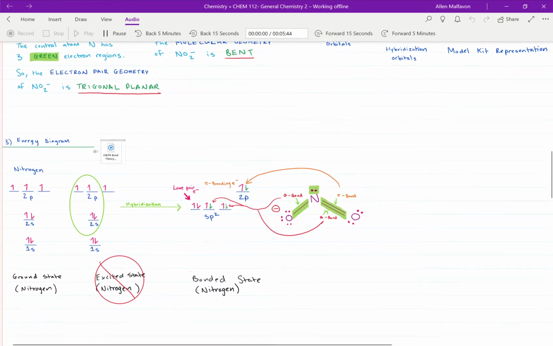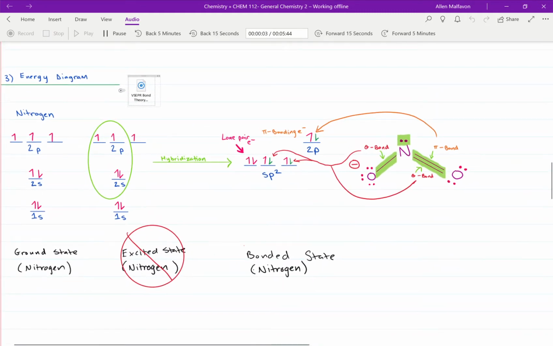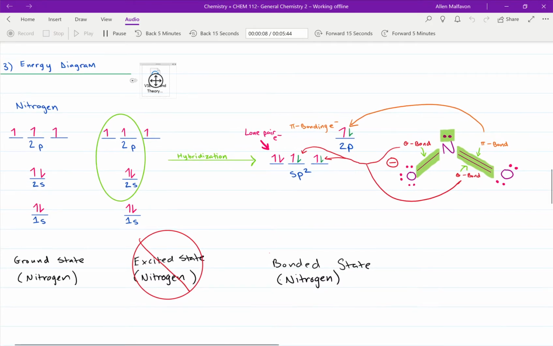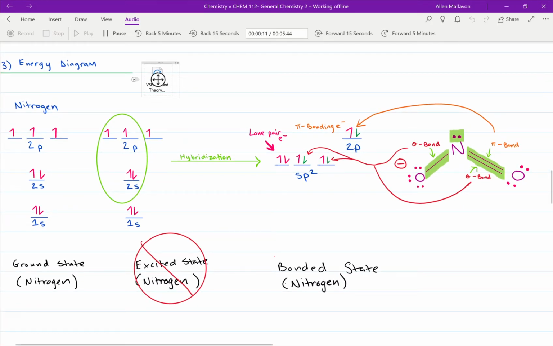Next, I will be discussing the energy diagrams available for nitrogen and the oxygen atoms attached to nitrogen in nitrite. So for nitrogen, we start off with our ground state, which we know is 1s2, 2s2, 2p3. And we know that we'll need an sp2 orbital after hybridization. So in the center, I have circled in a light green the electrons that are going to take part in this hybridization.